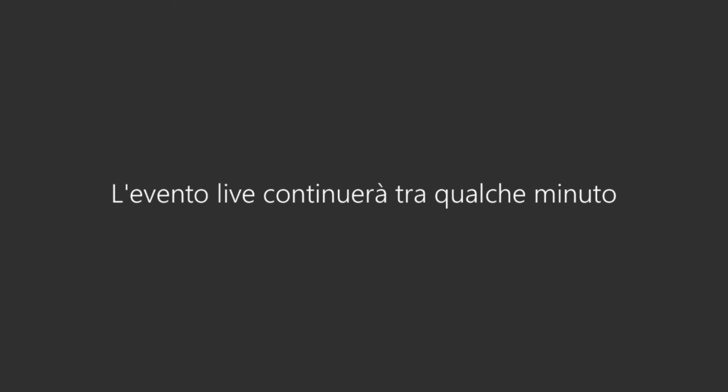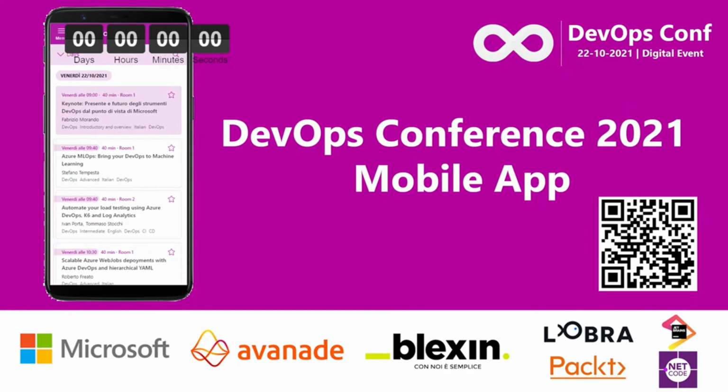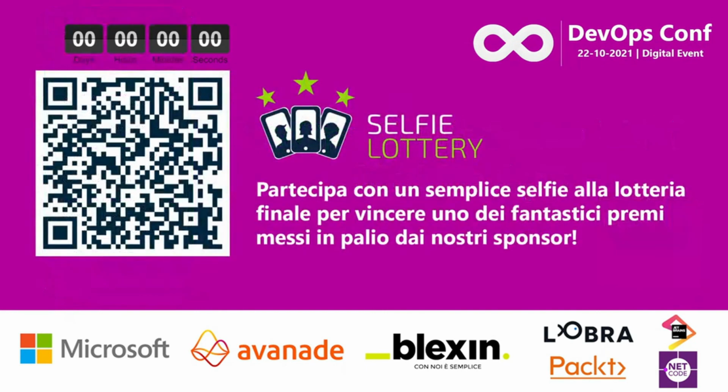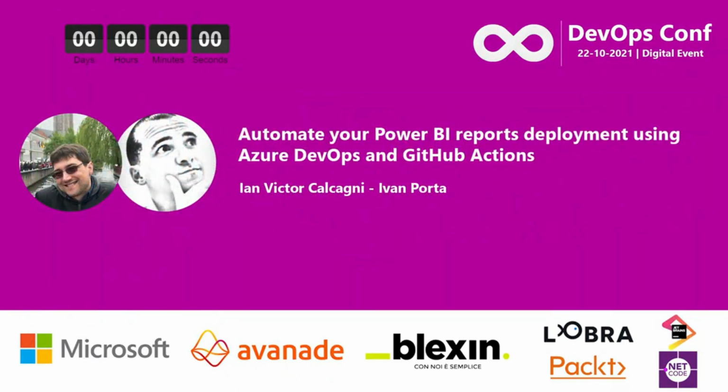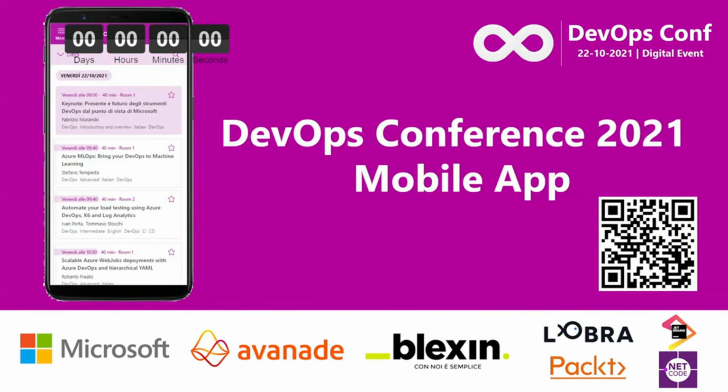Sorry, we have a little problem. No worries. Ivan? Yes. Jan? Yes, we are still here. I cannot see your desktop. Yes, right away. I think that your Teams is dead.